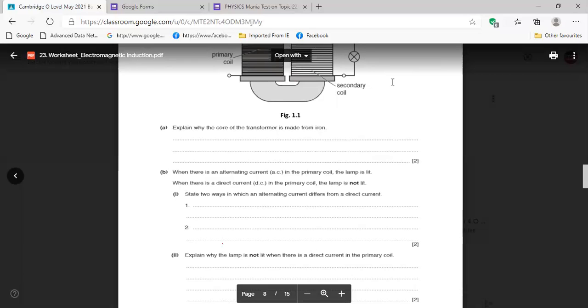Yes, sir. Direct current, what do we say? The electrons always move in one direction, or the current moves in one direction, but the current in alternating current reverses, means after a certain period of time, periodically it reverses.